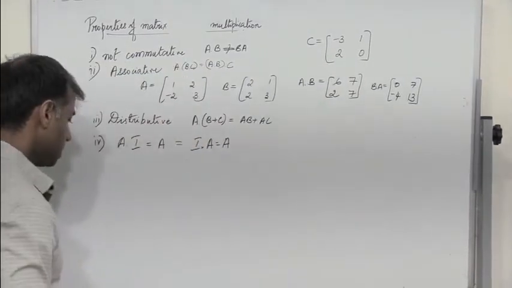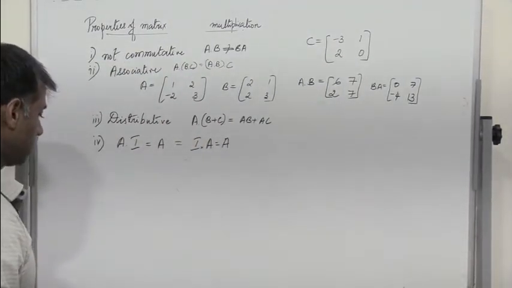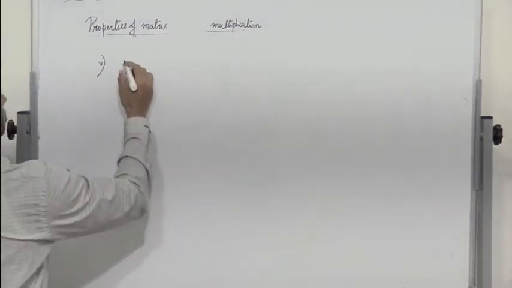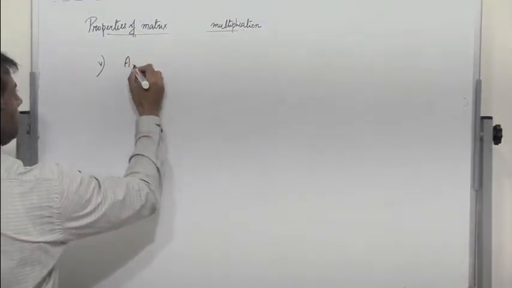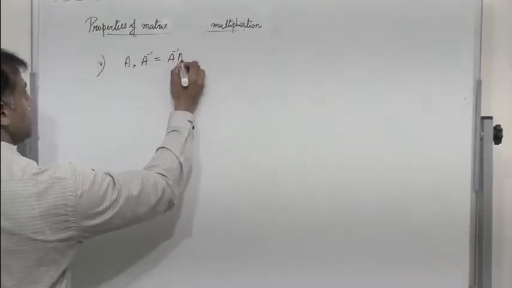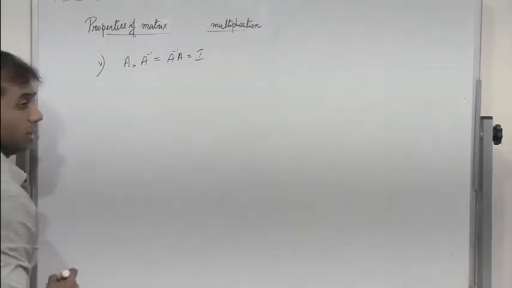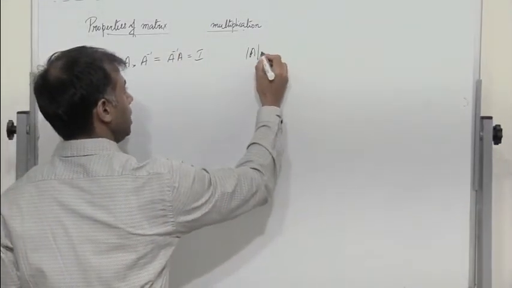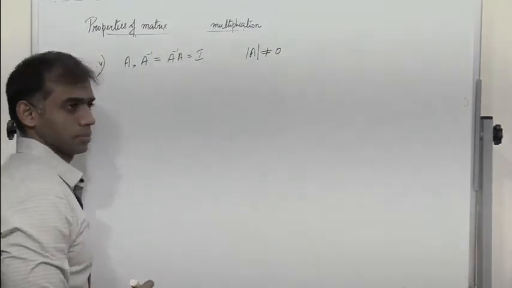So let us also observe another important result. Another important result is a matrix A into its inverse is equal to inverse of matrix into A is equal to the identity matrix I if determinant A is not equal to 0. Right?